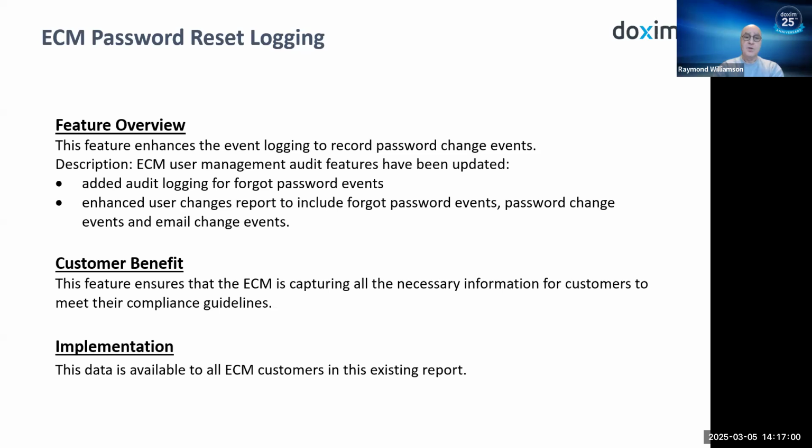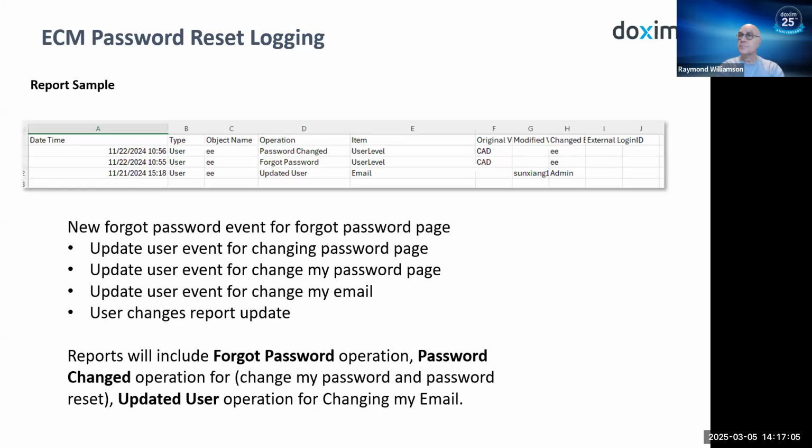This is available to all ECM customers in the existing report. Many of you have access to our reporting module. So when we go to the user logging report, you will see a new column, or you'll see new data in the operation column.